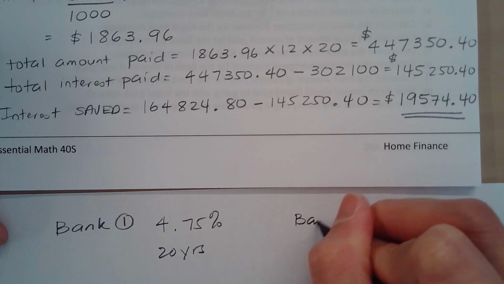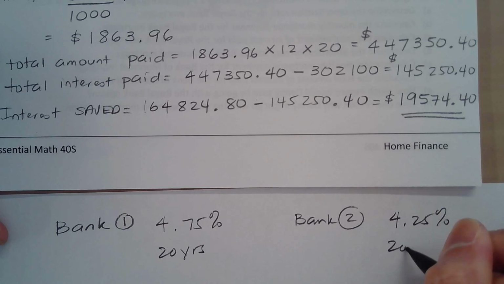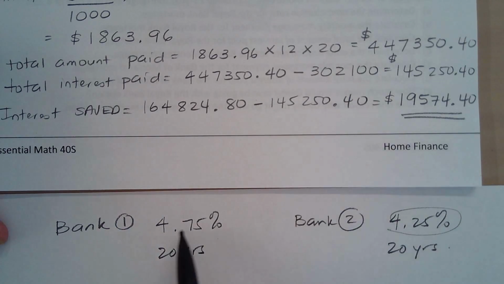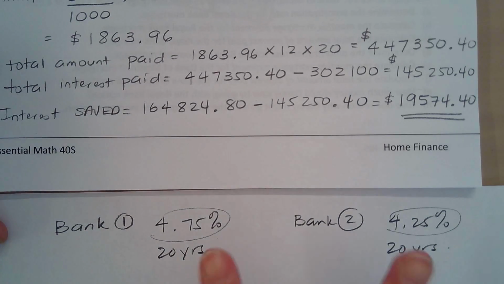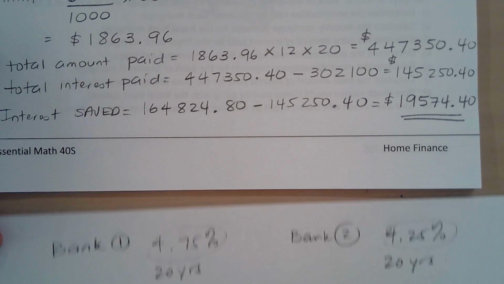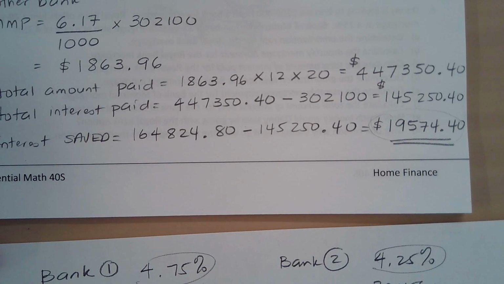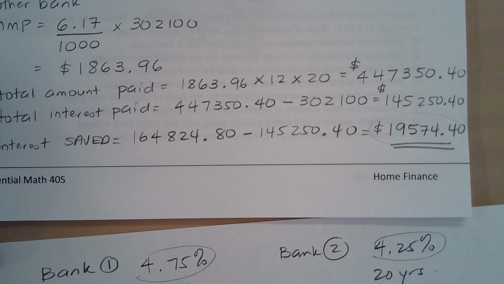And then bank number two is 4.25% for 20 years. Everything's the same. The only thing that's different here is the percentage by 0.5%. Now you can see, even though it looks like it's only 0.5%, it's a big amount, right? It's 19,000 at the end of the 20 years. You could buy a nice car with that. Yeah, a car to go with that mortgage.